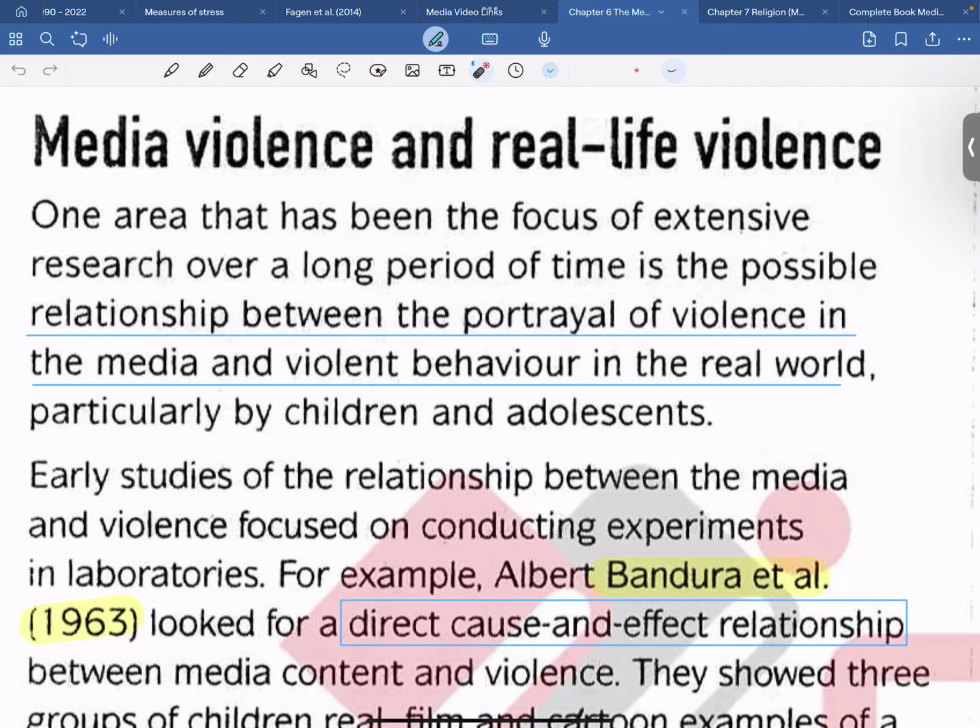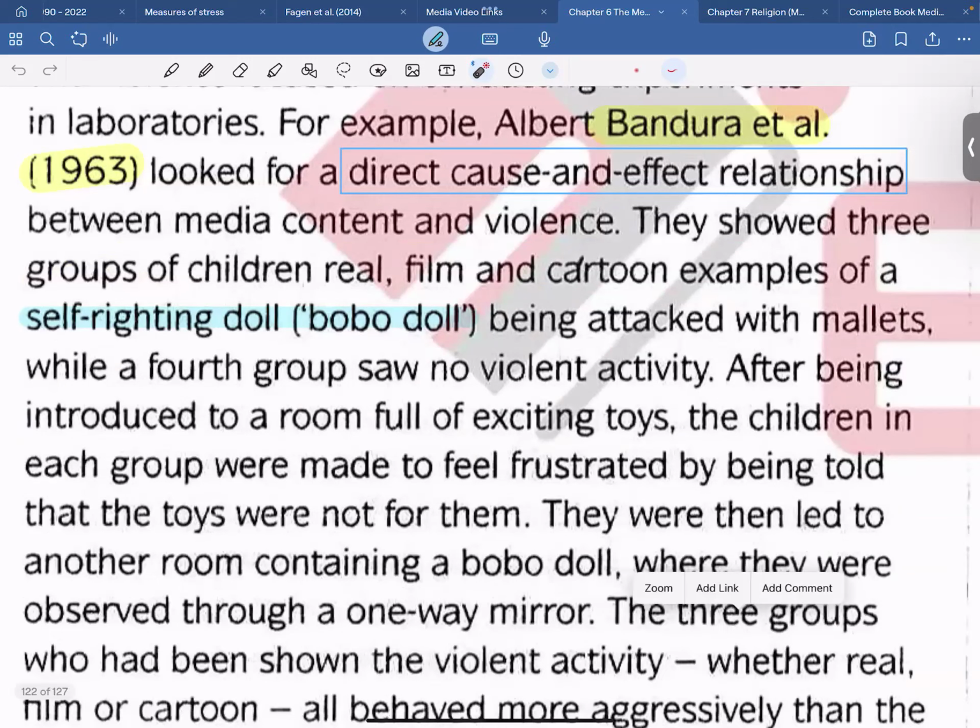Specifically, we're talking about the impact of the media's portrayal of violence, or showing violence, on individuals, specifically children. In this research conducted by Bandura, Ross and Ross, there were some kids on whom the research was being conducted.